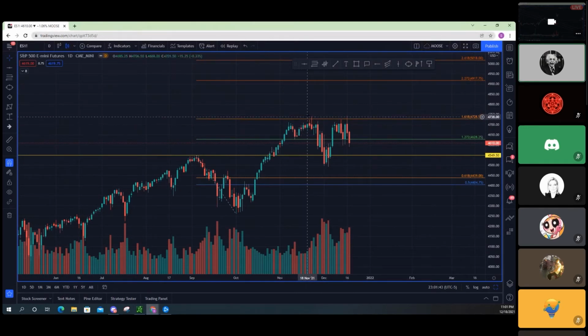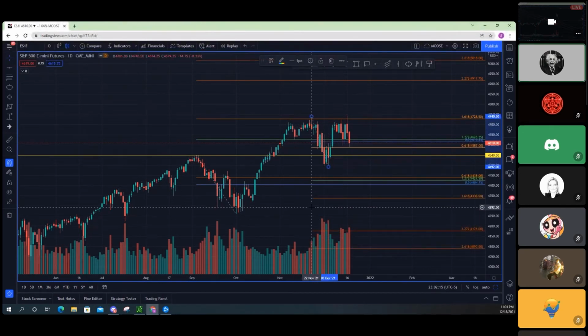And if I wanted to know where this is going to find support, where do I grab the fibs from? From the high to the low of the uptrend? No. From the low to the high. Wait, from here? Yeah, this is a good trend. This is a good one to use.